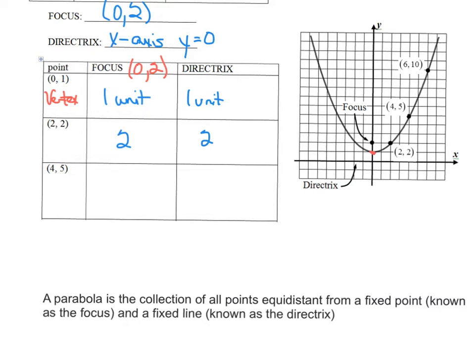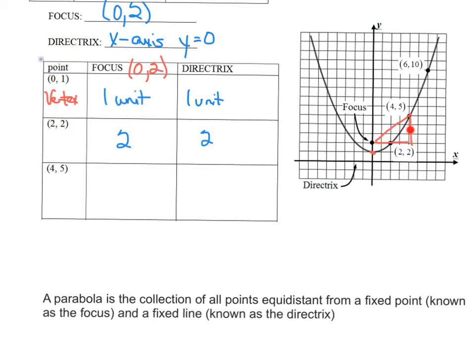Now it gets a little bit more complicated when we have a point like the point 4, 5. When I look at the distance from 4, 5 to the focus, I see that this is actually a diagonal distance. Some of you may recall that we usually do that diagonal distance using either the distance formula or creating a right triangle and using the Pythagorean theorem. So if I create a right triangle, I see that the horizontal distance is 4.